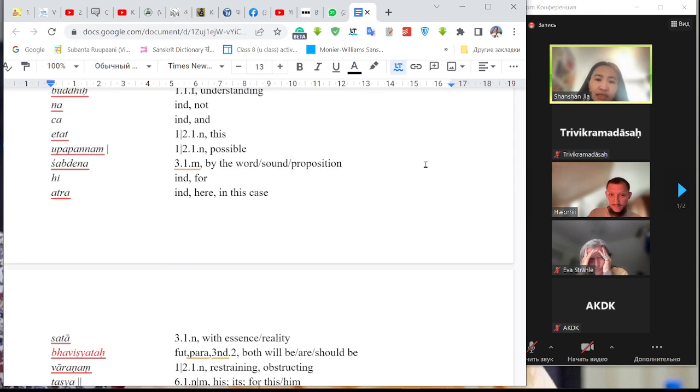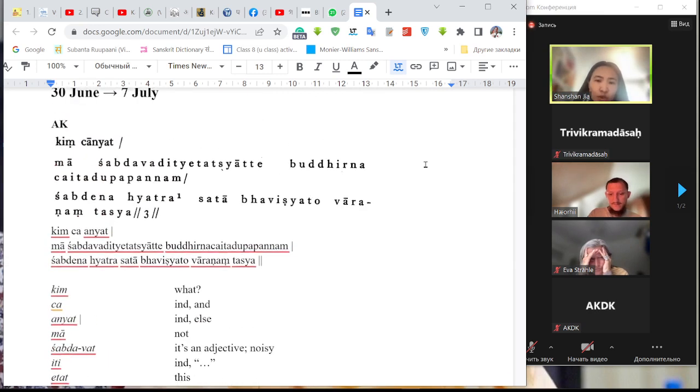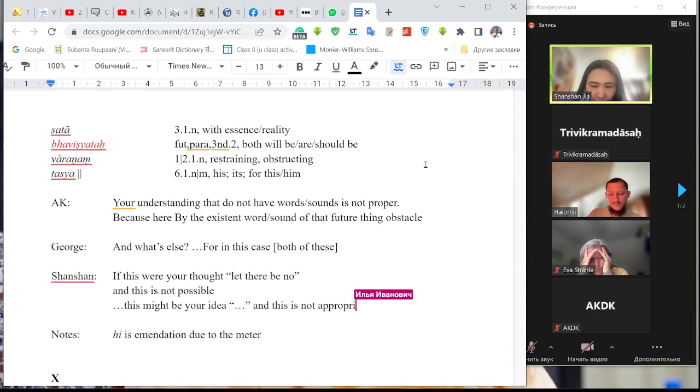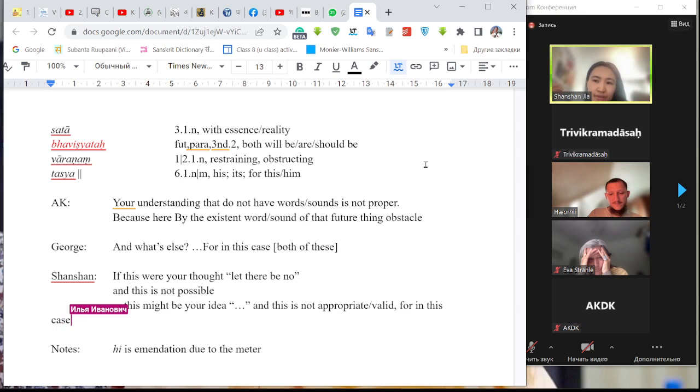And this is not appropriate, or not valid, or does not make sense. For hi, in this case atra, the refutation or the stopping of the future śabda. We add śabda in this case, which is the referent of tasya.